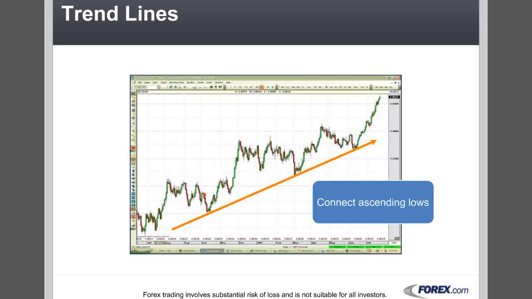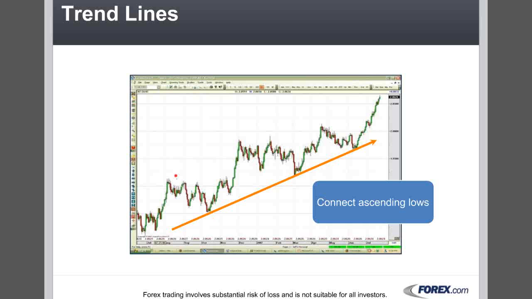Then we can see that the market rallied up to this high price area here. And then we see again that we have this nice pullback, and the market dropped to this low price level here, creating this nice support or floor type area. Bounced off, went a little higher, and then we have that retracement again. Specifically what you're looking at again is those low prices are getting higher.